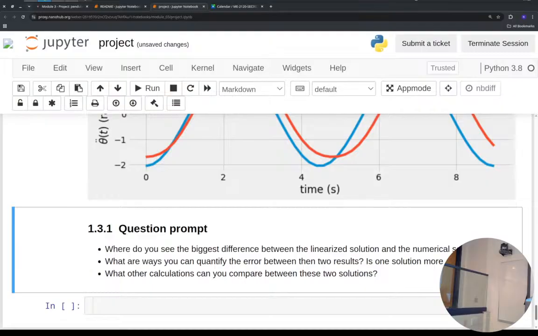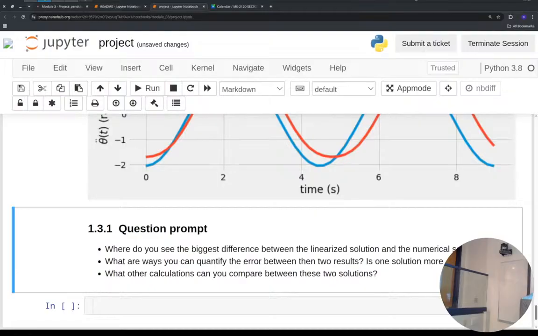Where do you see the biggest differences? Is it in the position? Is it in the acceleration? And then when you quantify that error, when you say there's a difference, what are you measuring as that difference? Are you saying the amplitude is different? How big is it? Is it 0.1 radian per second squared, or is it 10 radian per second squared?